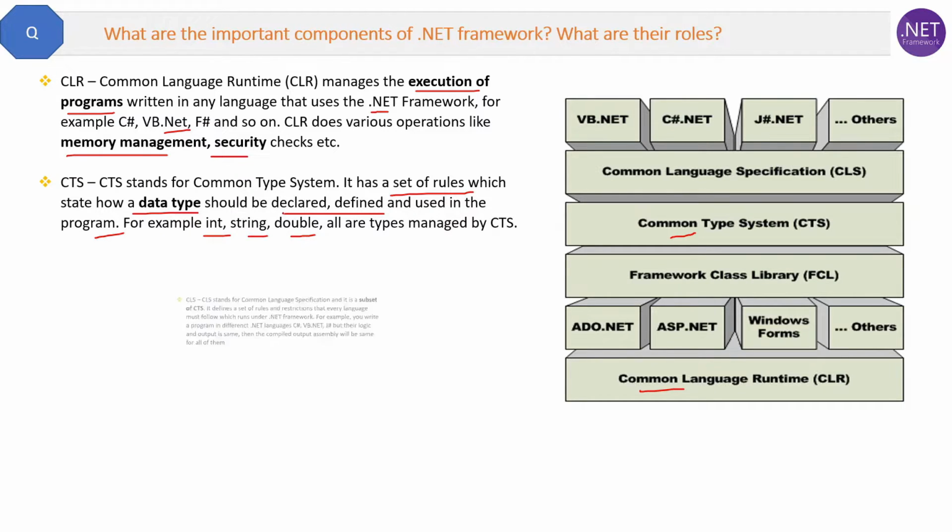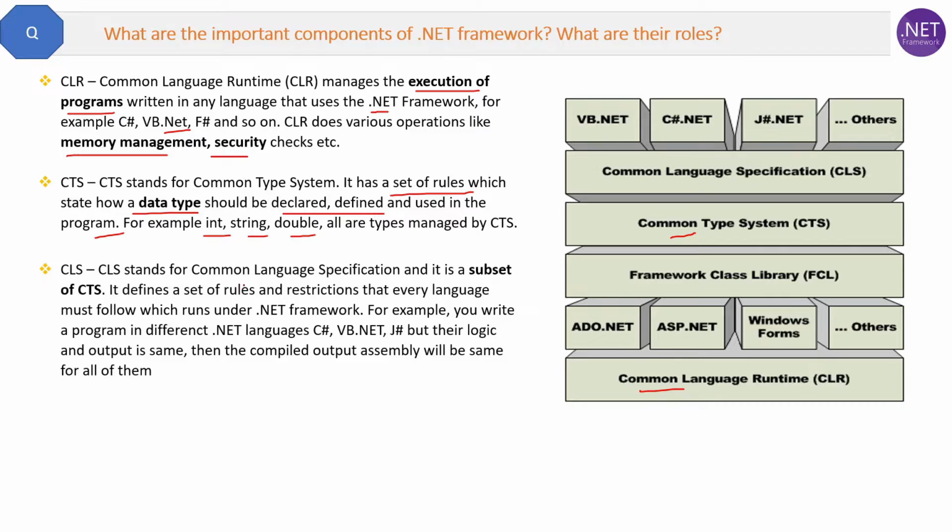Next component is CLS. CLS stands for Common Language Specification. It is a subset of CTS only. So when I say CTS, that means it is Common Type System, and Common Language Specification is a subset of CTS. So again, it will define the set of rules and restrictions that every language must follow, which runs under the .NET framework.